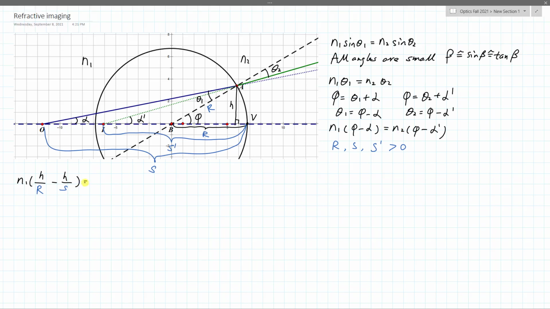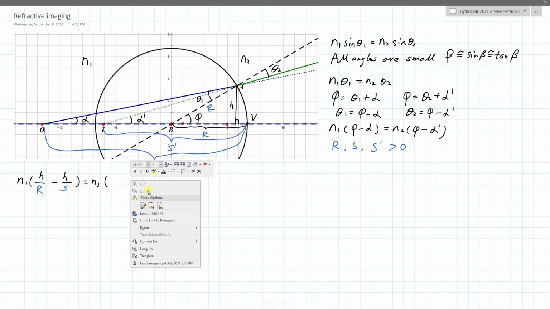And the other side is n2 times the same thing, h over r, minus h over s prime, because this over that distance is almost the same as over that whole distance there, which is s prime. So I'm just going to copy that, because switching color is kind of time consuming.